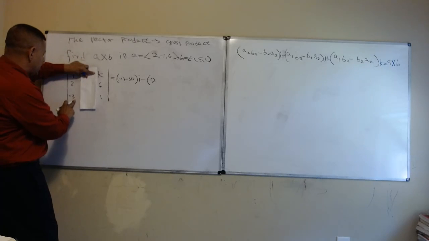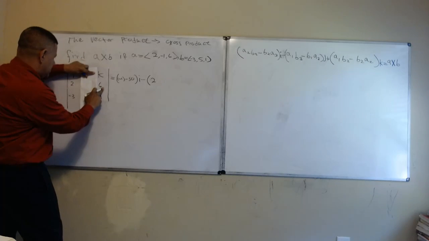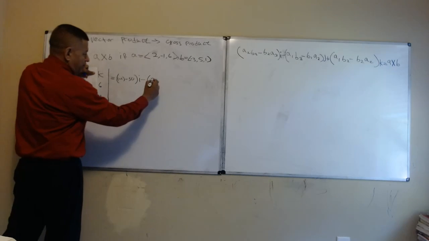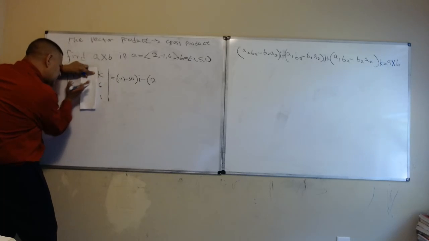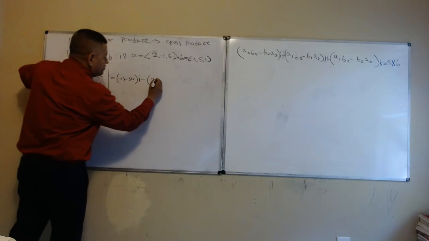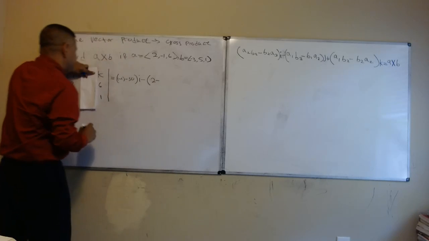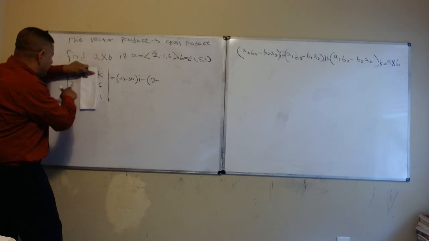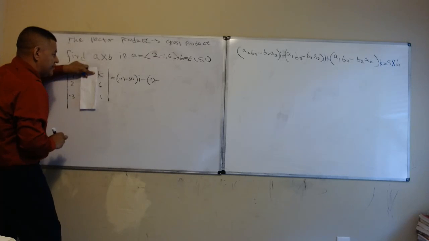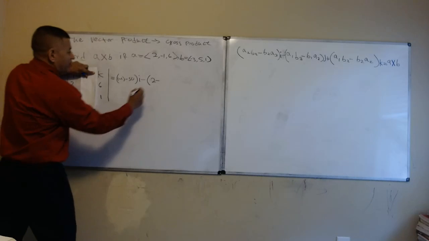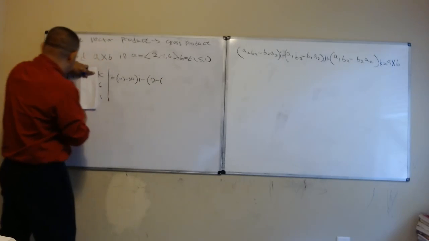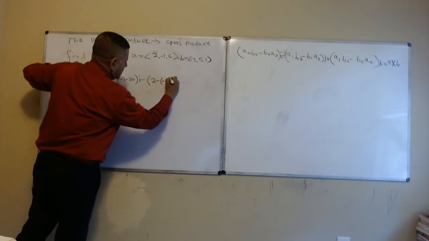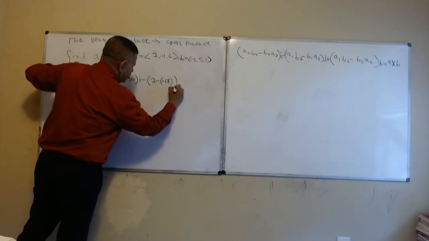And then 3 times this, 6, is negative 18. But remember, we're subtracting, so I have to put a negative sign here. The same thing that I did in this one, but that one was a positive when I multiplied, that's why I just skipped the 30 in there. But in this case, I'm getting a negative, so I got to put negative 18 in another parenthesis and close the parenthesis.